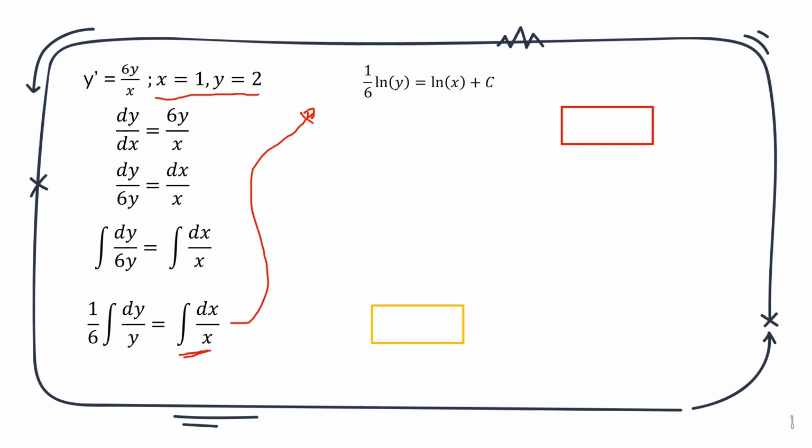Nagbabawas tayo. So, by multiplying both sides by 6, matatanggal natin ang 1 over 6 sa left side. Then, makukuha natin value ay ln of y is equal to 6 ln of x plus 6c. So, 6 times the constant is still a constant, di ba?